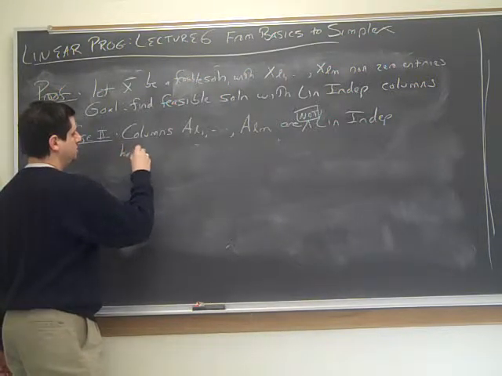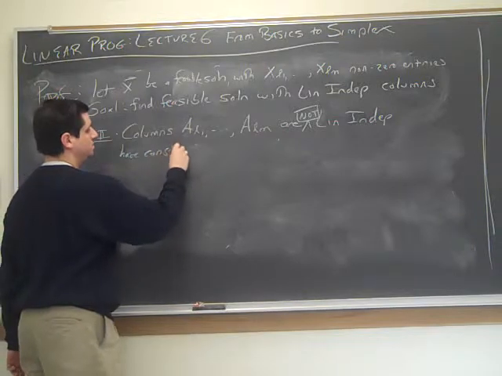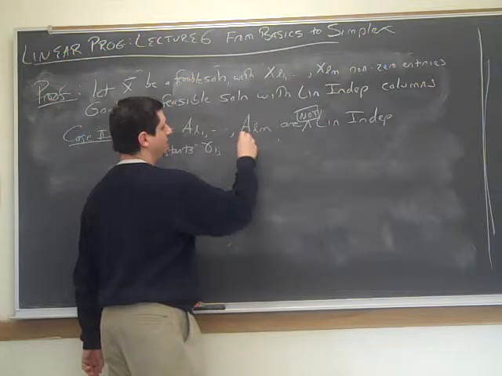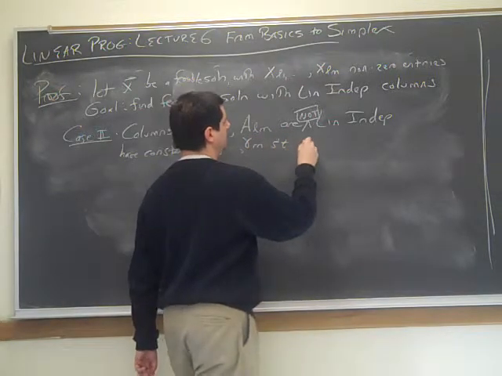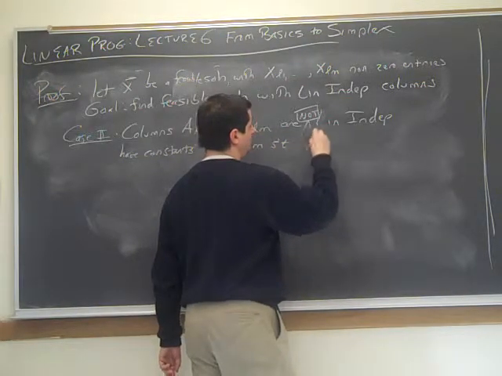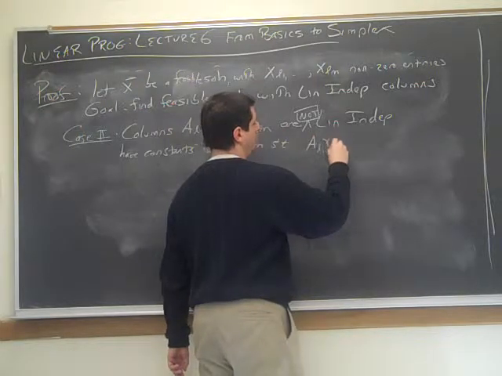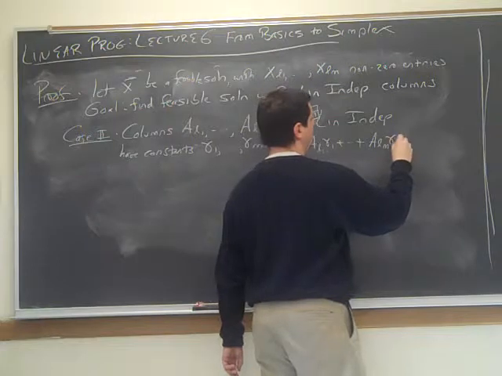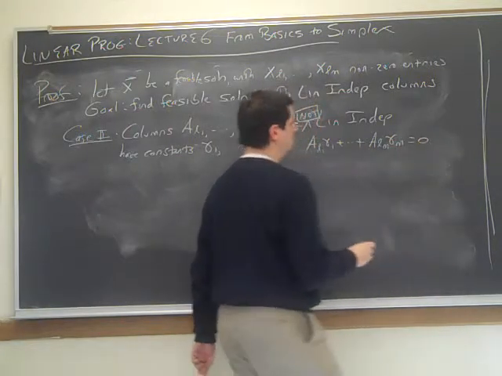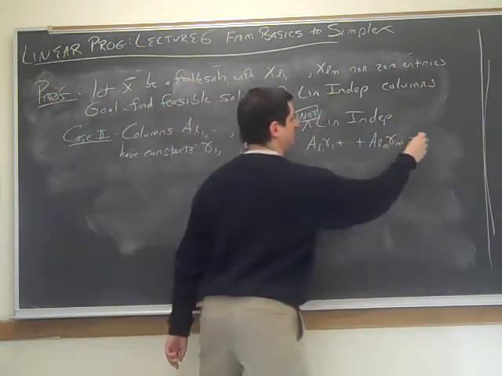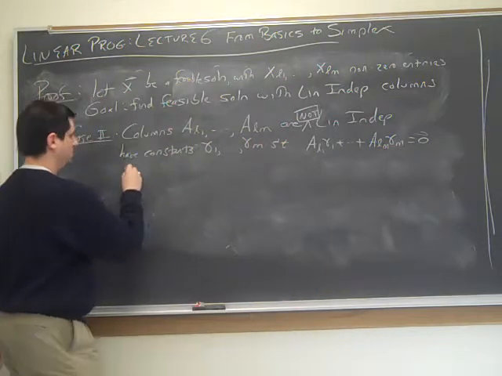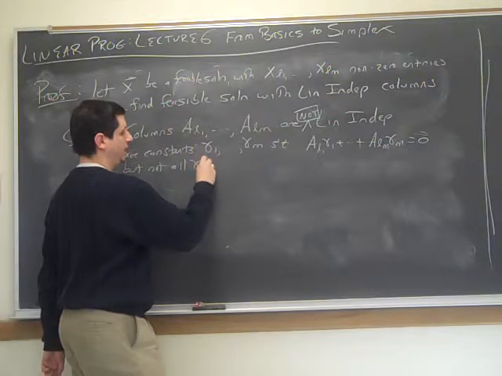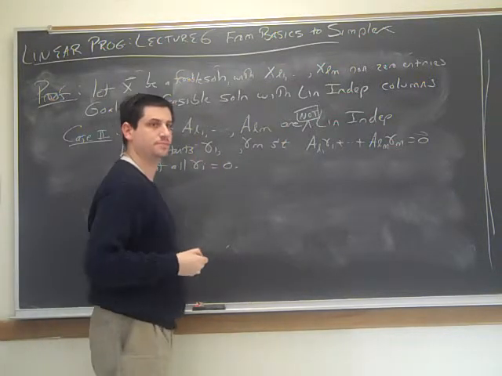We have constants gamma 1, say, gamma m, such that AL1 gamma 1 plus ALM gamma m equals 0, but not all gamma I equals 0.